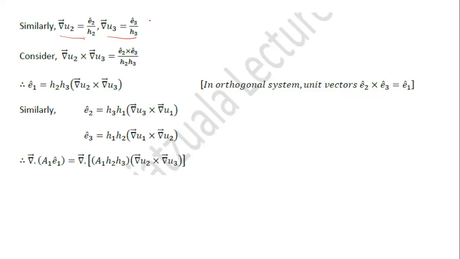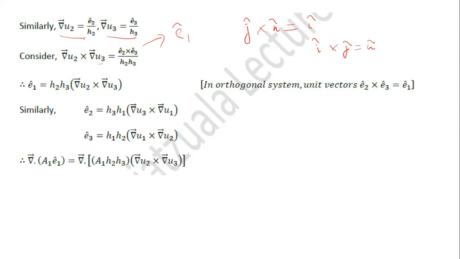Now consider the cross product between grad u2 and grad u3. If you take the cross product like this, it will be e2 cross e3 divided by h2 into h3. So e2 cross e3 will be e1, similar to this, right? j cross k is i cap, or i cross j is k cap.